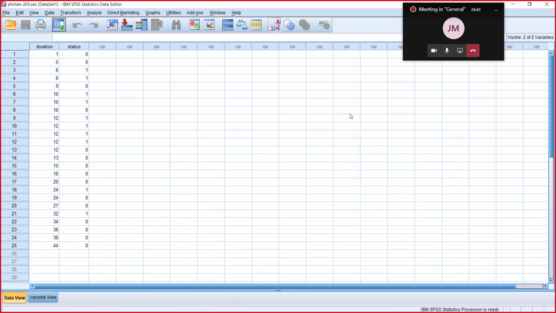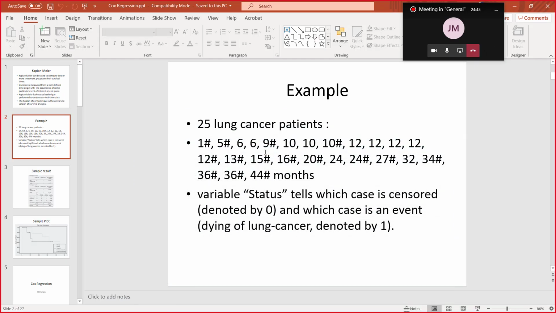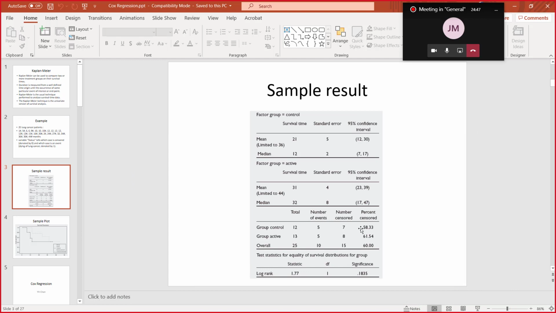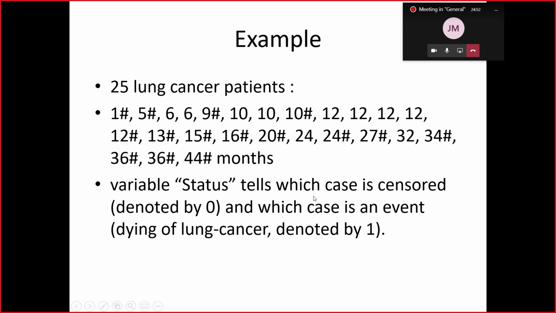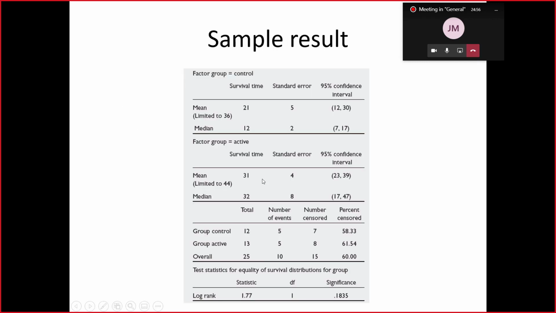Okay, let's go back to the lecture proper. Okay, so that is the story about the median in survival curve. So you can see here, here's a problem. In YH Chan, okay, you got two values here for control and active.